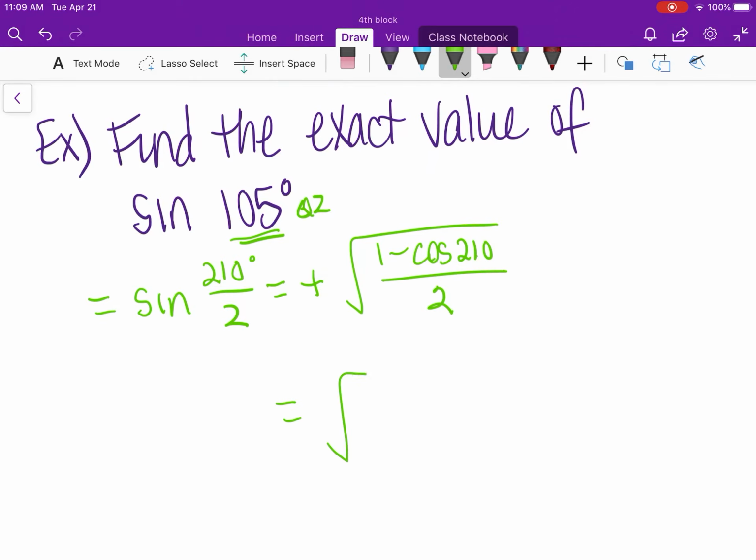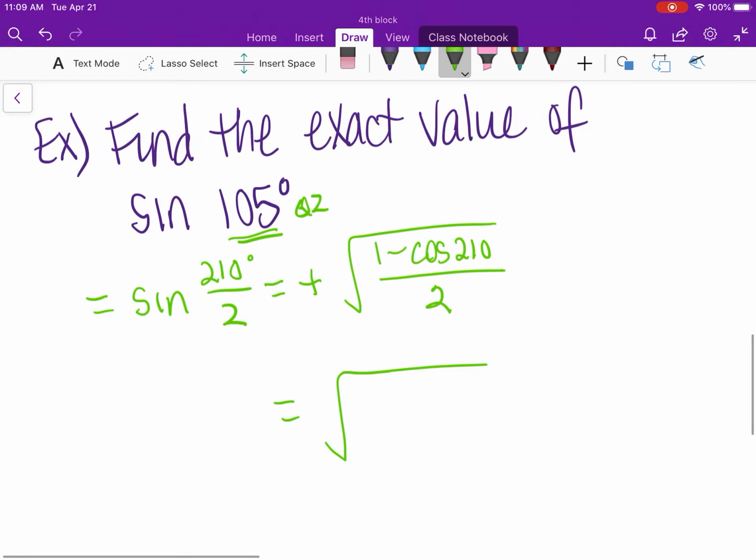All right, so now when I work this out, I have 1 minus the cosine of 210. Well, 210 degrees, that is in quadrant 3. Okay, and that's like your 30-degree angle in quadrant 3, so that cosine value, if you look on your circle or think about your angles, you're going to end up with radical 3 over 2.